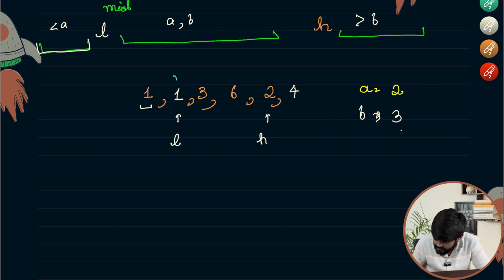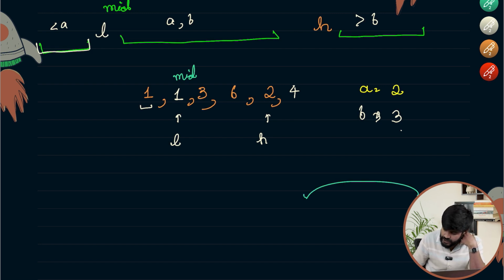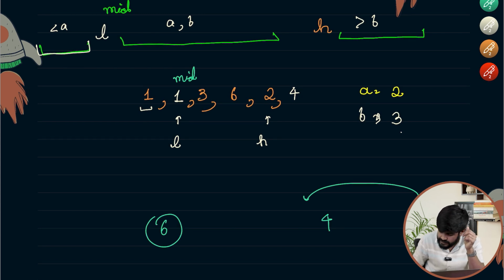Now at this point, mid won't increase. Why? Because it might be a scenario that here at high, a bigger value, let's say 6, was there, which came here. So let's say if this value was 6, it would have come here, and here we got 4. This is fine, but again this 6 needs to be placed correctly.